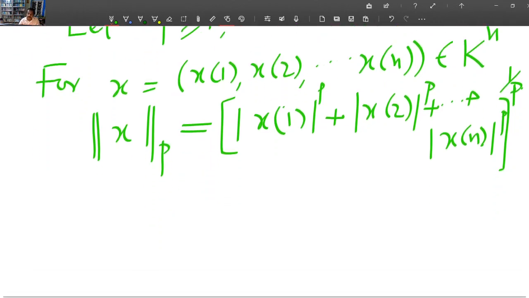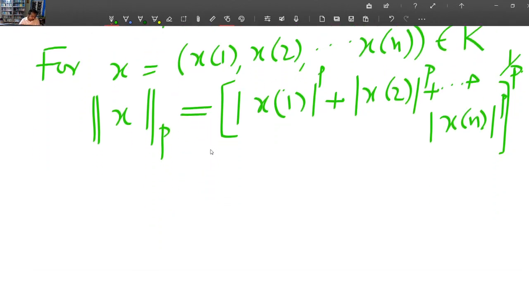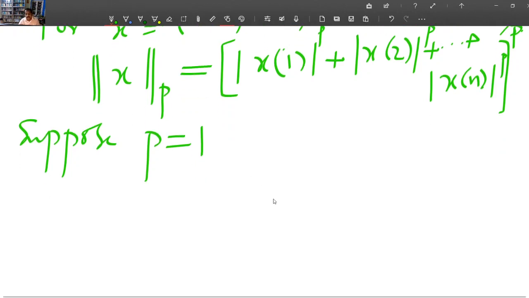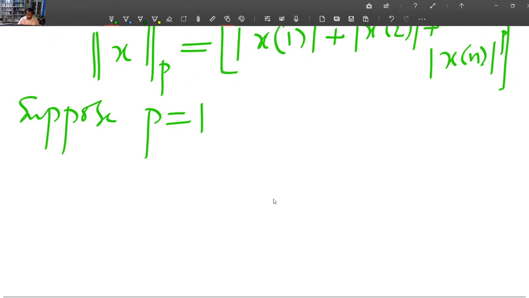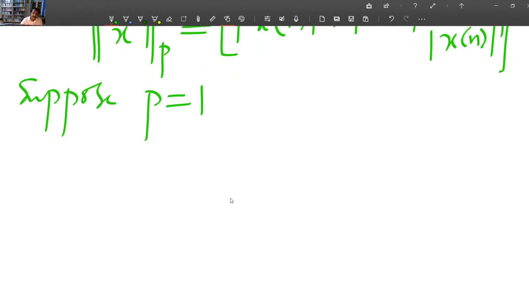We are going to prove that it is a norm. So suppose you define a norm like this, we are going to discuss different cases. Suppose p equal to 1, then the corresponding norm is known as the 1 norm. Then we have the 1 norm of x, where x is x of 1, x of 2, etc., x of n.